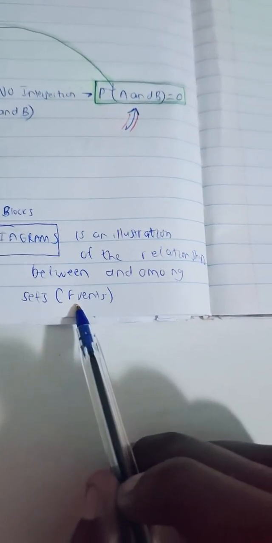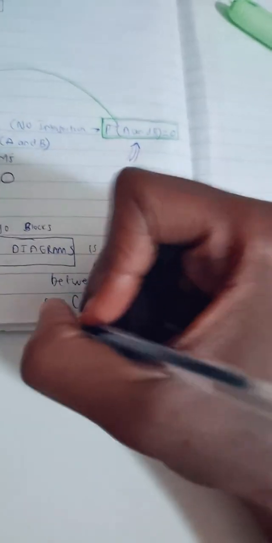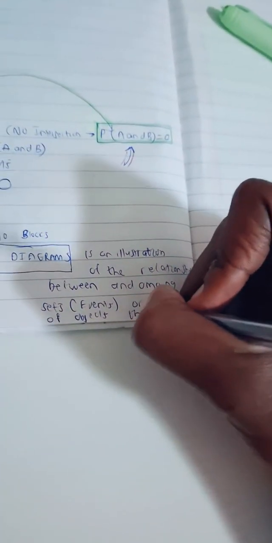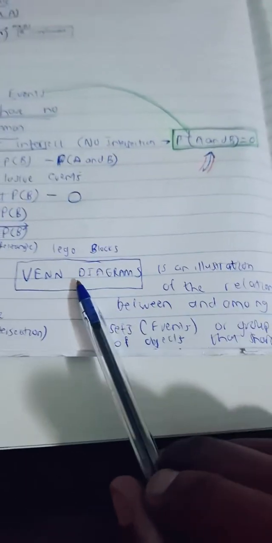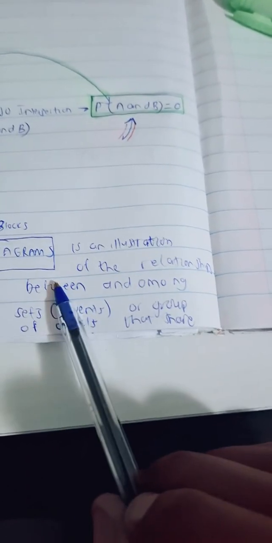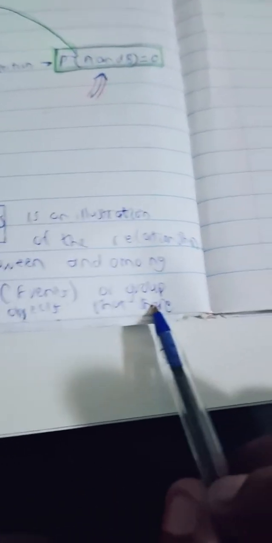So a Venn diagram is an illustration of the relationship between and among sets or events, or groups of objects that share something in common. That is what a Venn diagram is. Okay, so that is a Venn diagram, guys.